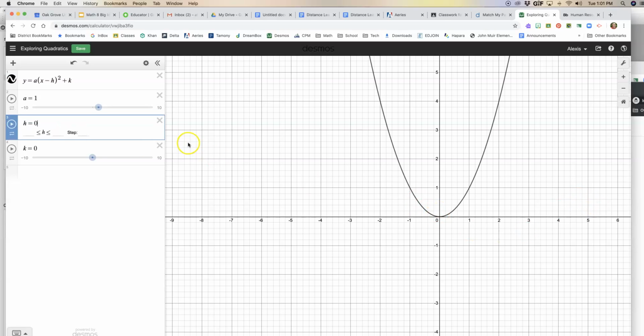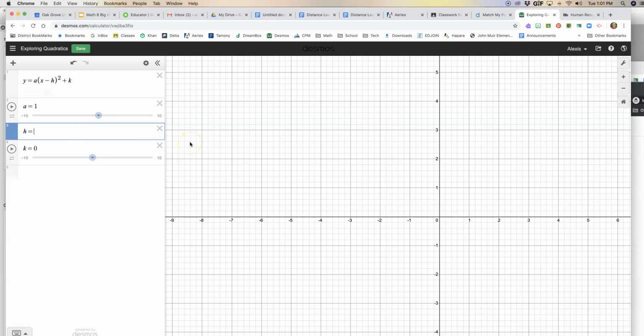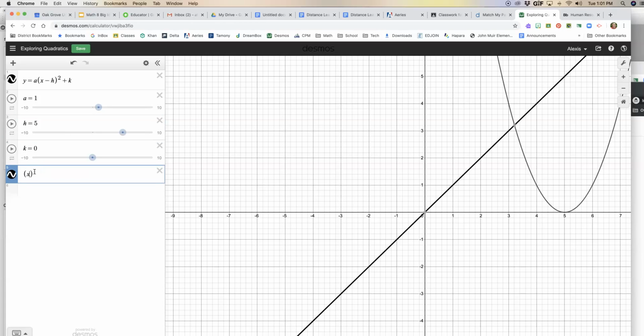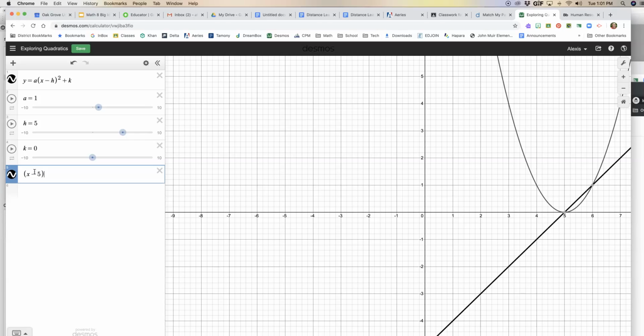It's right on 0. But what if h is 5? Oh, we're over here. So that means if I have x minus 5 squared, this parabola is moved 5 to the right. It's sort of the opposite of whatever the sign is.